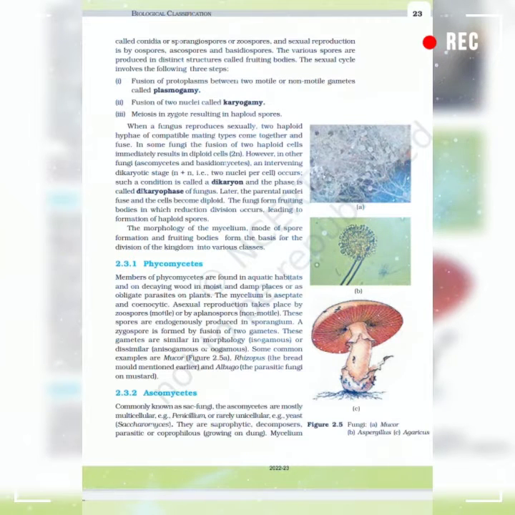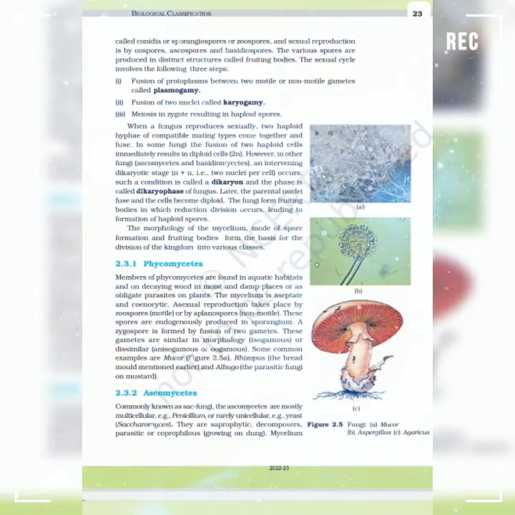A zygospore is formed by fusion of two gametes. These gametes are similar in morphology, isogamous, or dissimilar, anisogamous or oogamous. Some common examples are Mucor, figure 2.5a, Rhizopus, the bread mould mentioned earlier, and Albugo, the parasitic fungi on mustard.